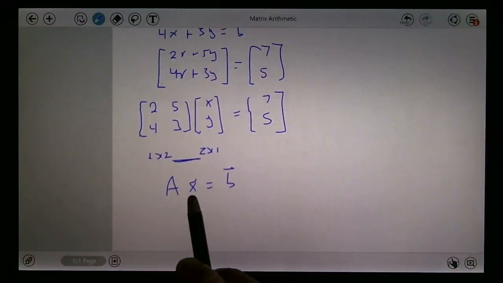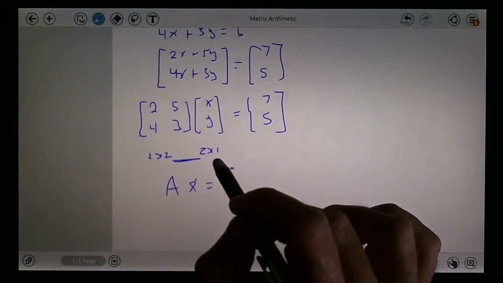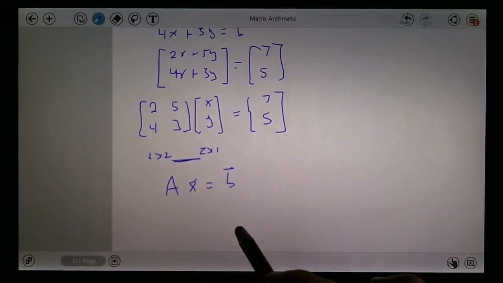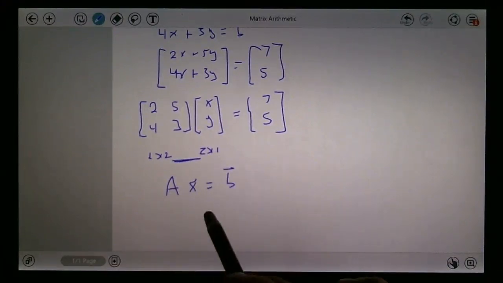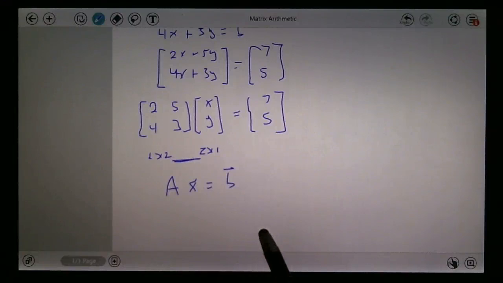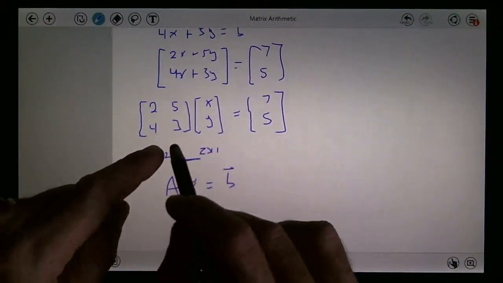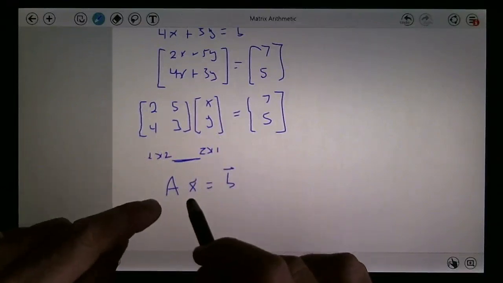X is going to have 7 things, a column x1, x2, x3, all the way up to x7. B is going to have 5 things in it, b1, b2, b3, all the way down to b5. This single matrix equation is going to allow us to express any system of linear equations in a very simple way. And the definition of matrix multiplication is what helps us write it this way.